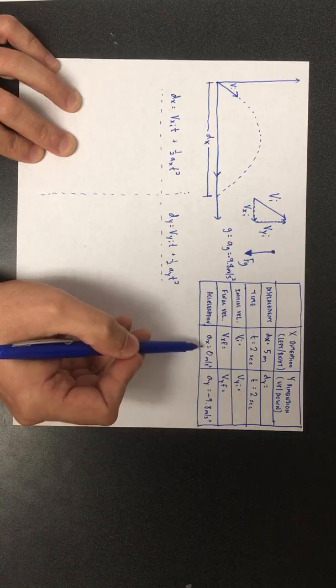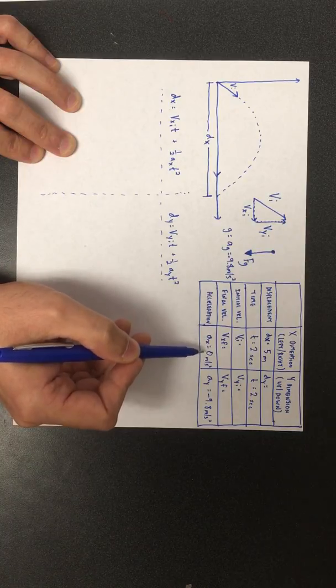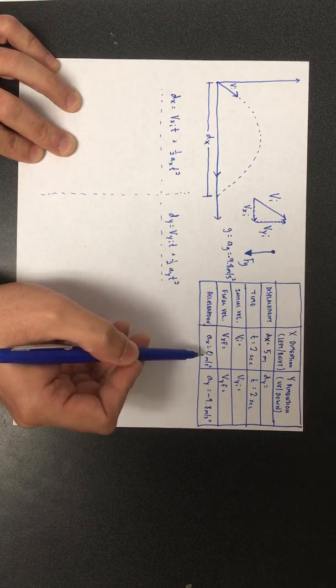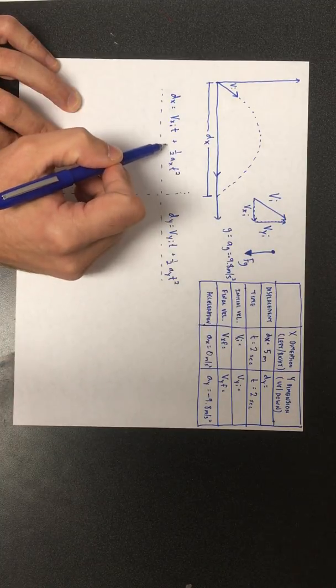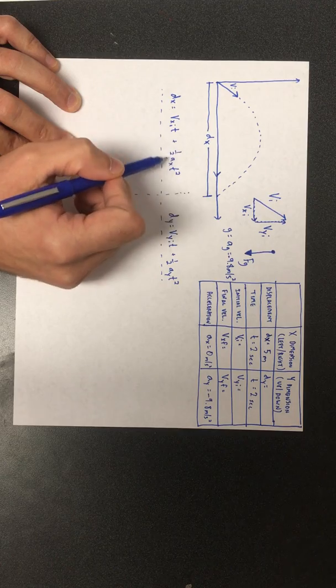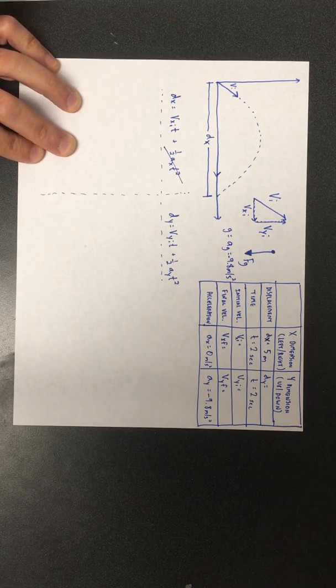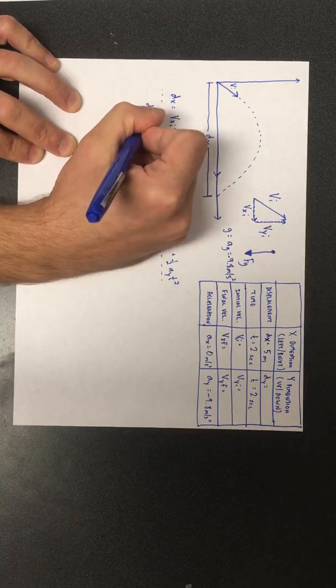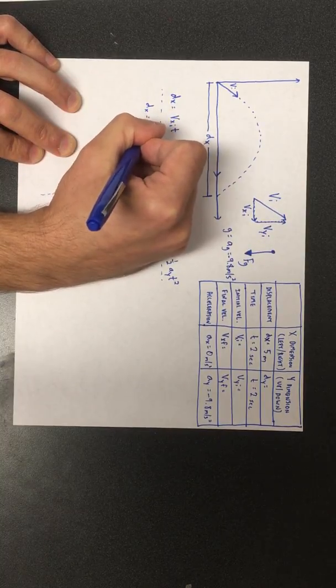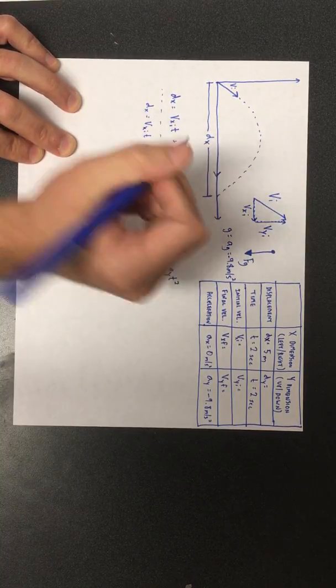But notice in the x dimension, ax is 0. 1/2 times 0 times t squared is 0. And 0 added to anything is itself. So that term essentially goes away. And in the x dimension, the bulldozer simplifies to dx equals vxi times t.